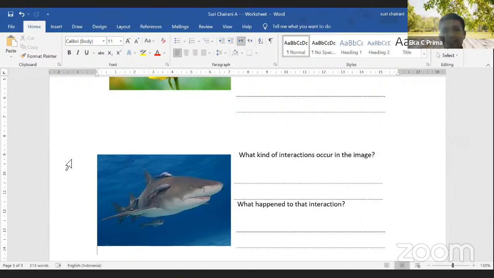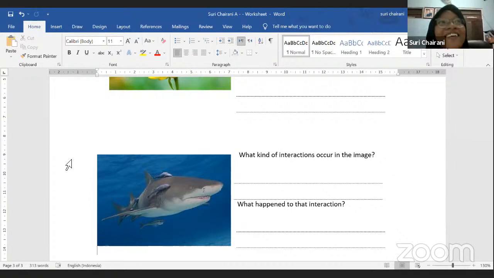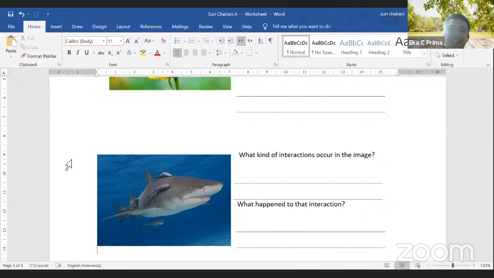If a shark is angry or hungry, will the shark eat this smaller fish? That's my question. Is there any evidence that a shark could eat this smaller fish? Maybe someday they will. If so, the interaction will be predator to prey, not commensalism. So yeah, that's what I recommend to you.